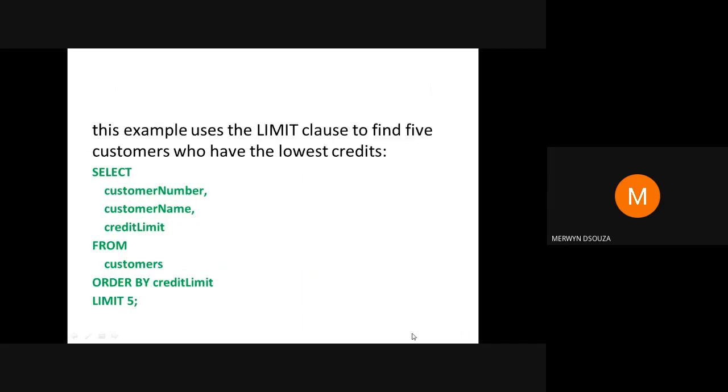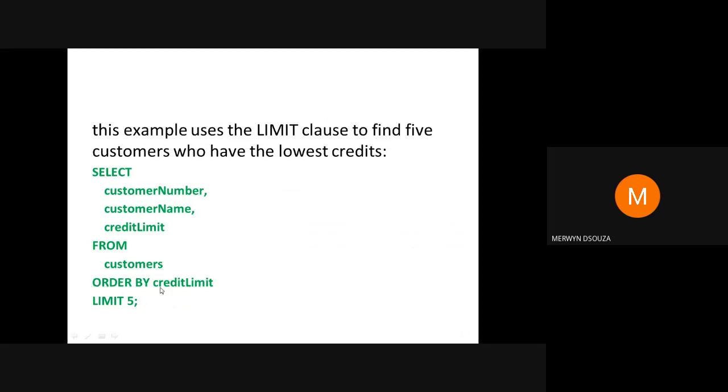Similarly, we could use the limit clause to find five customers who have the lowest credits. In this case, the query is similar to the previous slide. You would say select the customer number, customer name, credit limit from the customers table, order by credit limit.